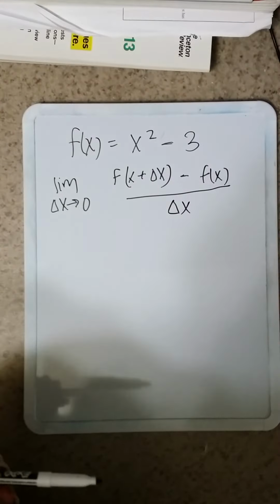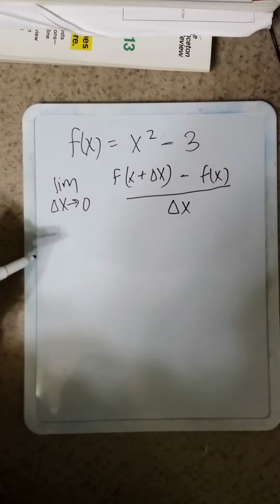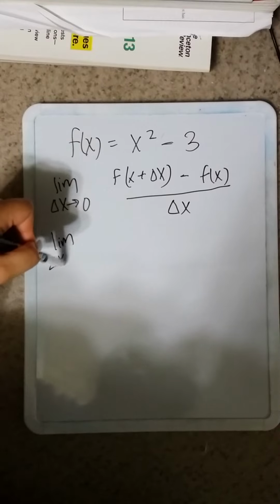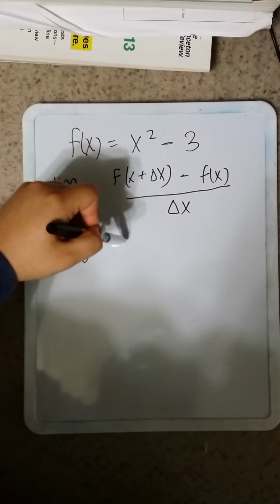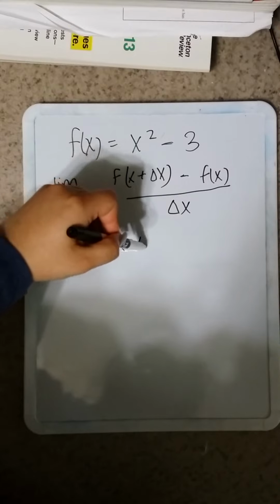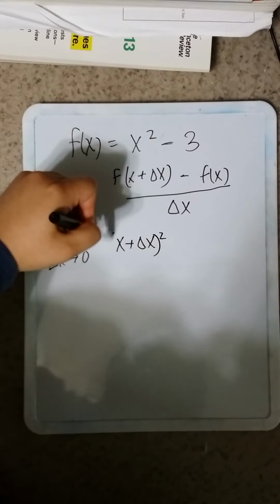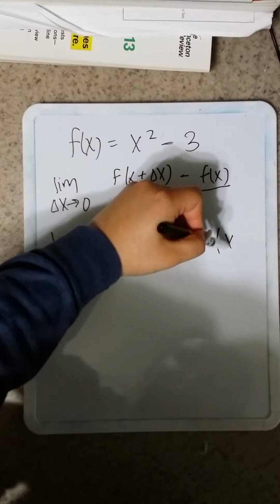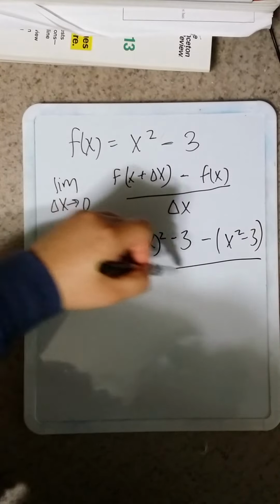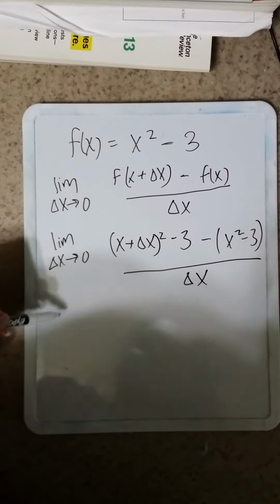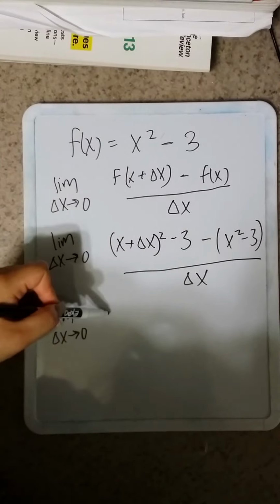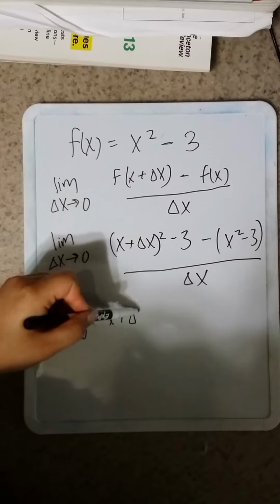Now just plug it all in: the limit as change of x approaches 0 of x plus change of x squared, make sure to square all that, minus 3 minus x squared minus 3, all over change of x.